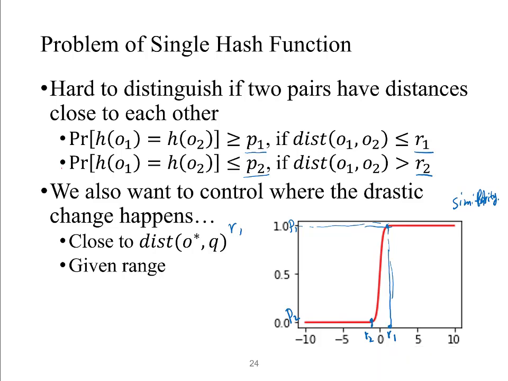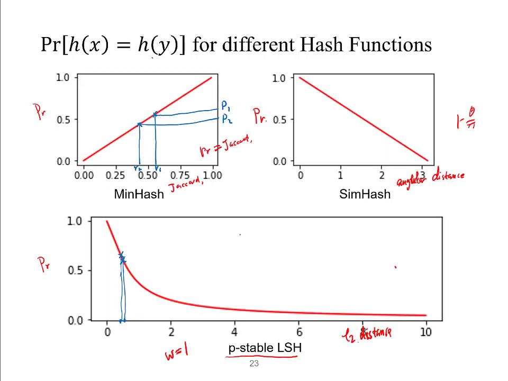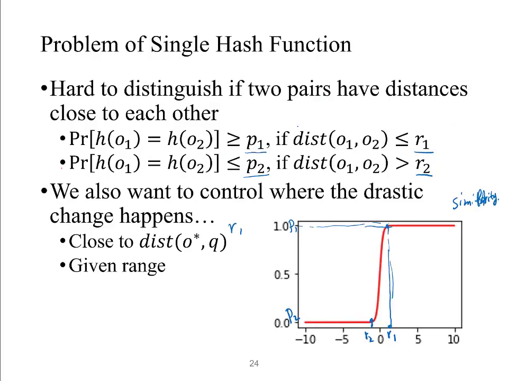So the first issue of LSH is to find an LSH function, a single hash function, as we now have. Here comes the second problem, which is to somehow make the curve from this into something like this, or this, or this.